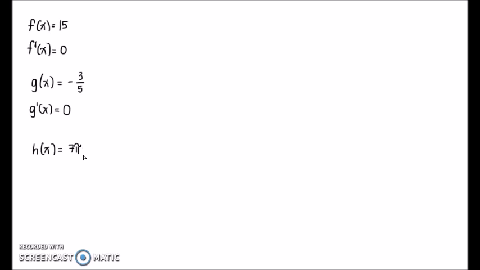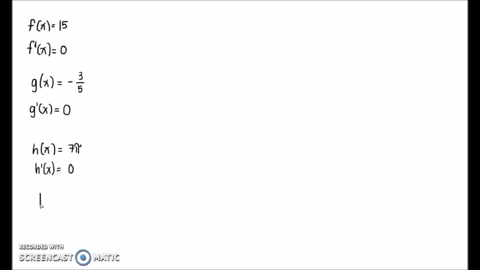Bakit siya constant? Kasi palagi siyang equal to 3.1416. Okay? So, ibig sabihin, we can still make use of the constant rule for this. So, ang derivative ng h of x is still equal to 0. O, di ba? Kay dali-dali lang. Mukha lang nakakatakot pero madali lang yan.